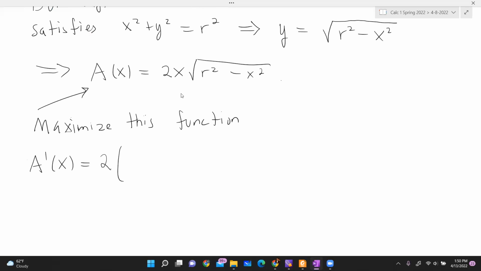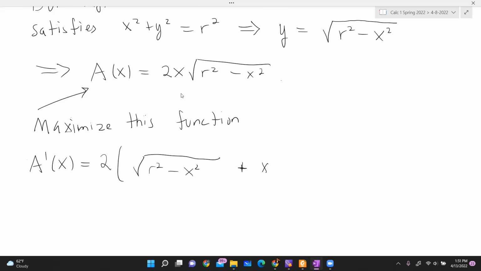The product rule says you take the derivative of the first function, which is just x, times the second function. The derivative of x is just 1, so the first term is just the square root of r squared minus x squared. And then you add in the first function times the derivative of the second function, and that's going to require the chain rule.